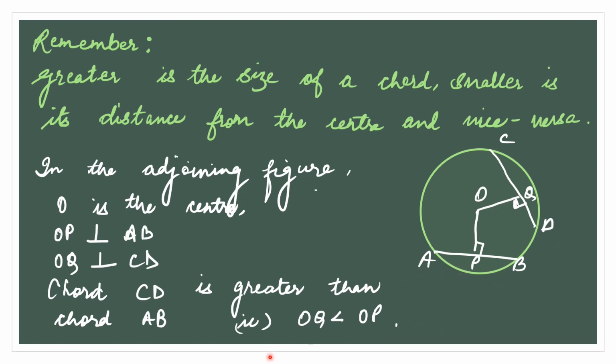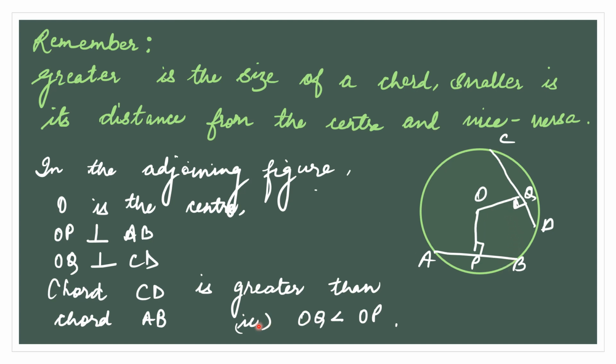Though in the figure we are not able to distinguish much, we assume that chord CD is greater than chord AB. The length of the chord CD is greater than the length of the chord AB.